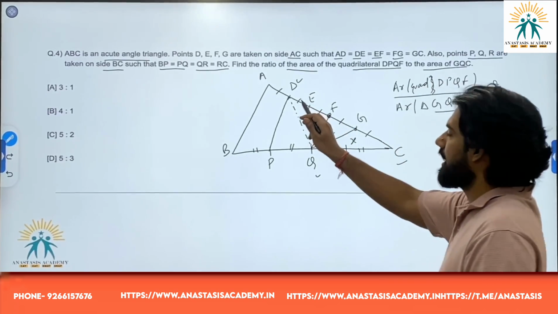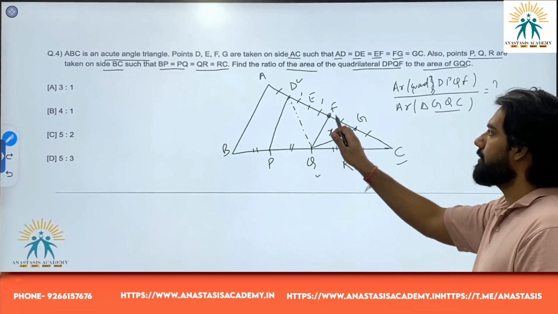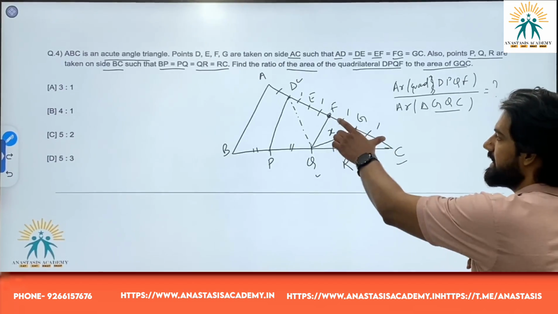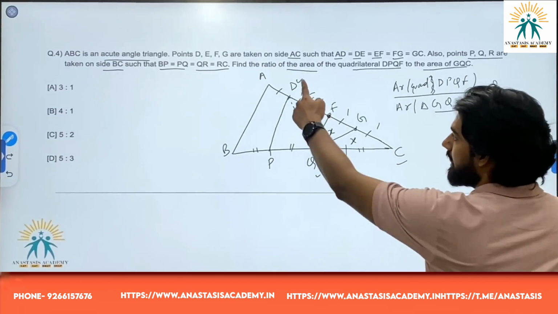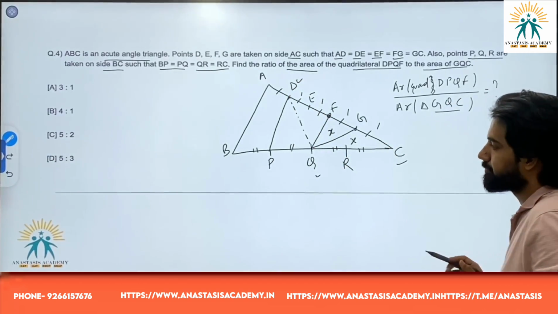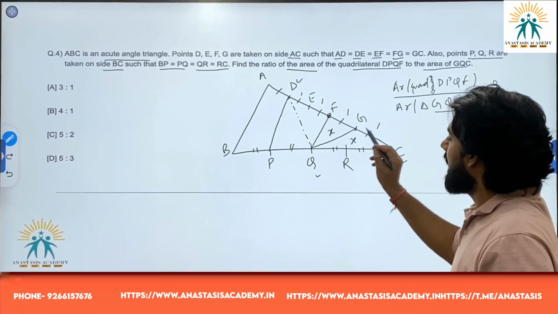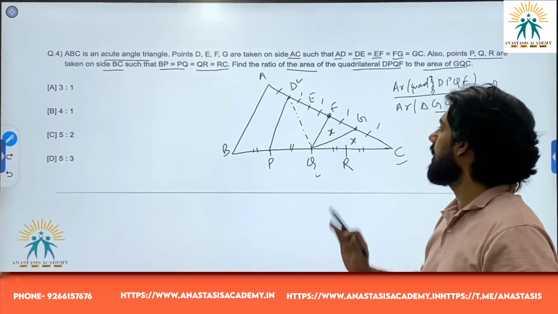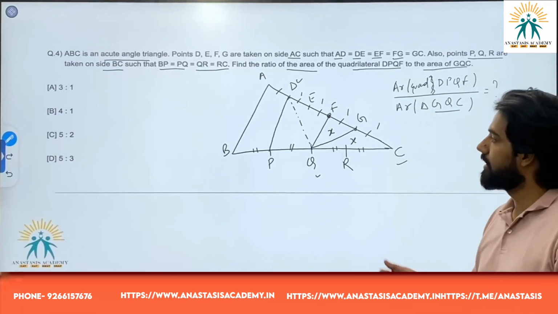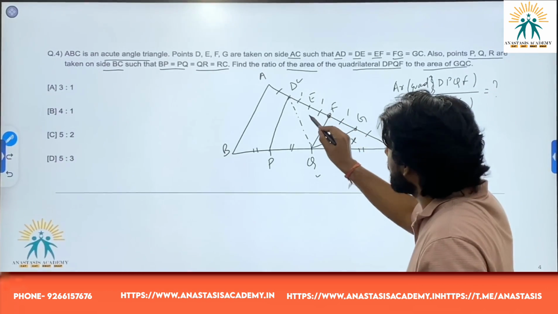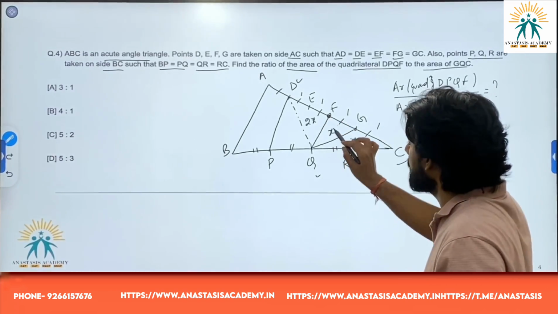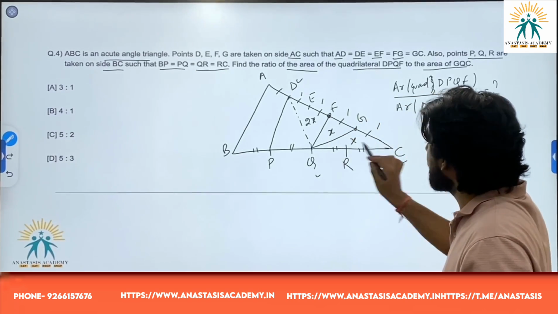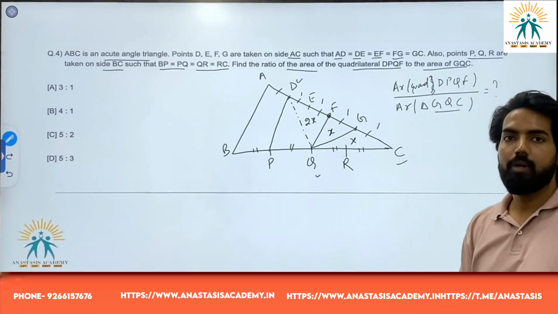If I assume these distances as 1 unit each, these distances are equal in this triangle DQC. So I can say this median QF will divide these two triangles in equal areas. So the area of this triangle will be 2x because area of this triangle FQC is 2x. So it will be 2x.